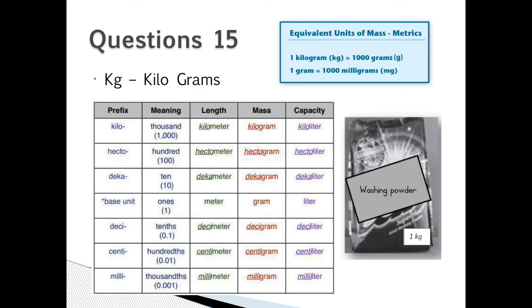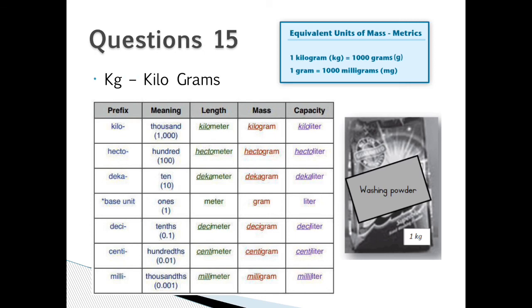The prefix deca means 10. So your length will be a decameter, your mass will be a decagram, and your capacity will be a decaliter. Your base unit, if that is your prefix, will mean 1. Your length will be a meter, your mass will be a gram, and your capacity will be a liter.